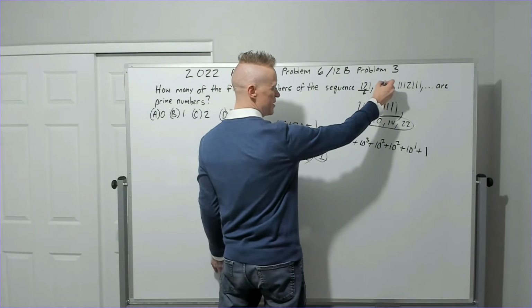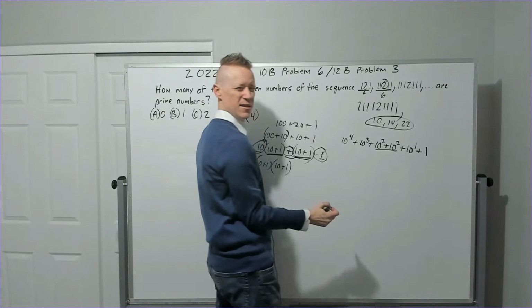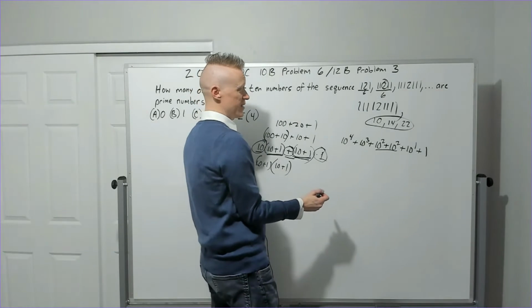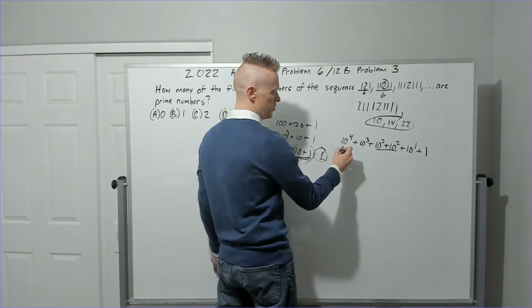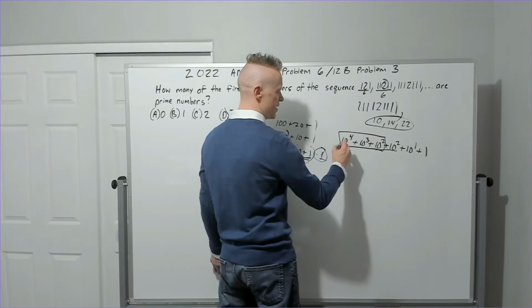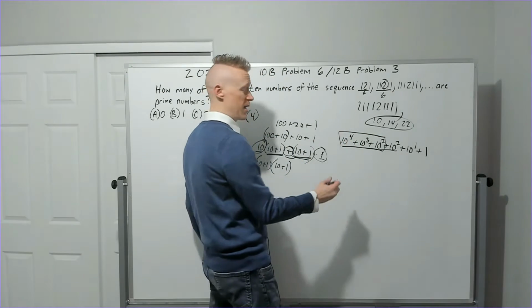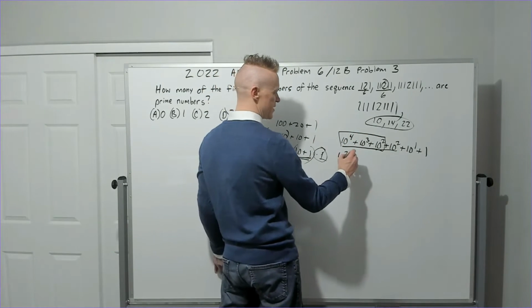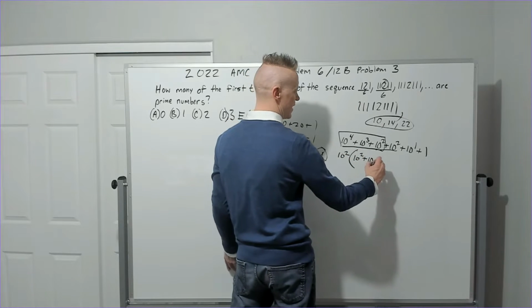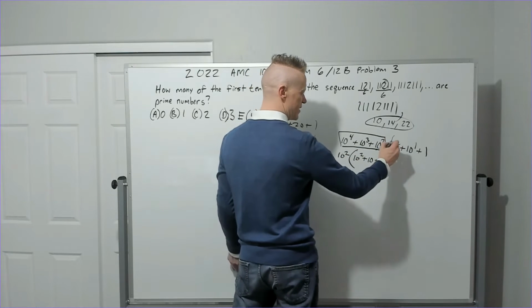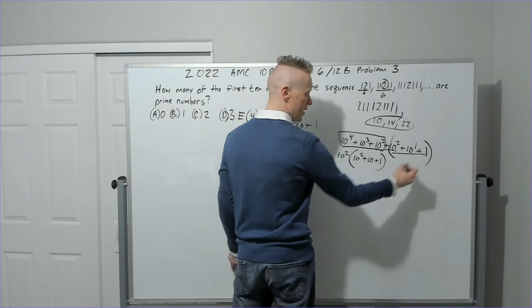We split the 2 in the middle to two 10 squareds, right? Because it's basically 200, and so it's 100 plus 100 as well. And all we're going to do is the exact same thing. We're going to group these 3 and factor out the biggest power that we can, which is 10 squared, and you're going to get 10 squared plus 10 plus 1, and that's exactly what you have right here.